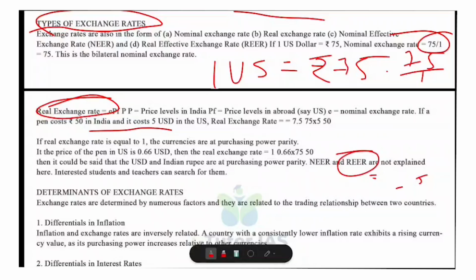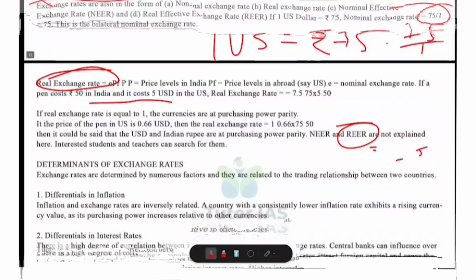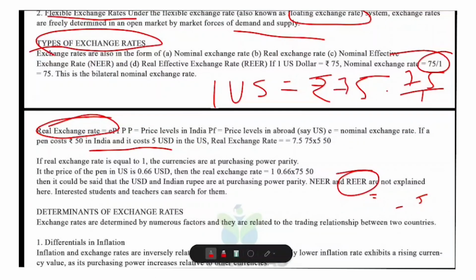REER adjusts the NEER by relative price levels between the home country and its trading partners, and it shows the competitiveness of a country's goods and services in international market. Okay, suppose REER is greater than 100, that means domestic goods are more expensive and exports may decrease. And if REER is less than 100, that means domestic goods are cheaper and exports may increase. Okay. So that's about the different types of exchange rates, NER, RER, NEER and REER.